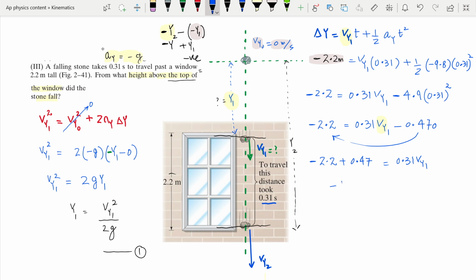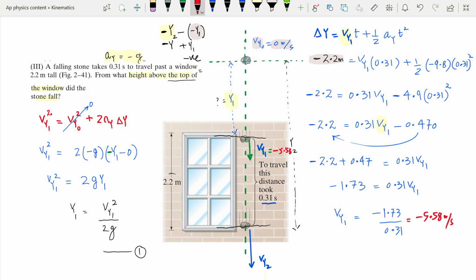So this is negative 1.73 equal to 0.31 vy1, and vy1 is equal to negative 1.73 over 0.31. You can also see that your answer will be a negative value, because the velocity is downward. So negative 5.58 meters per second at this point.